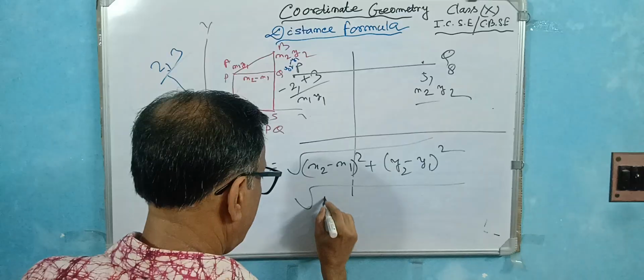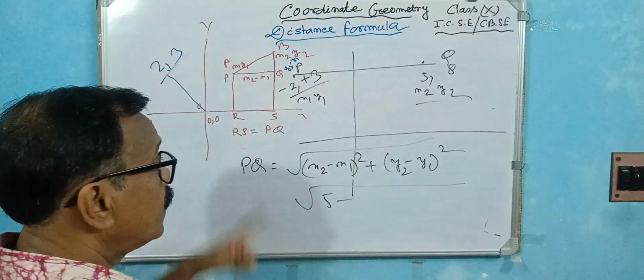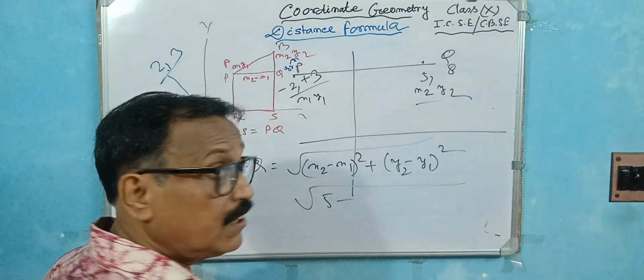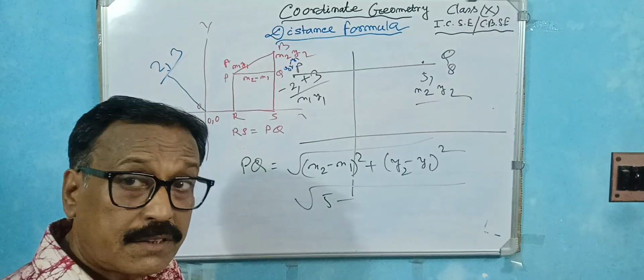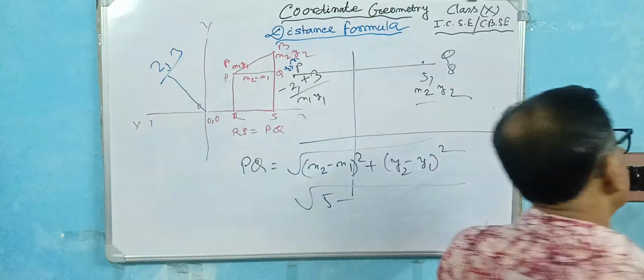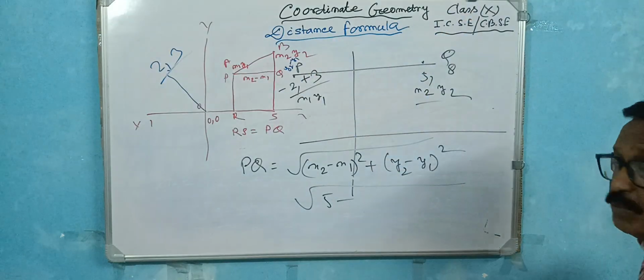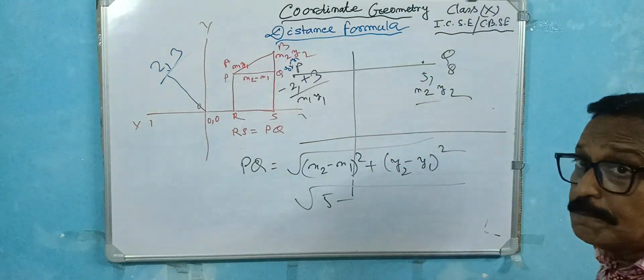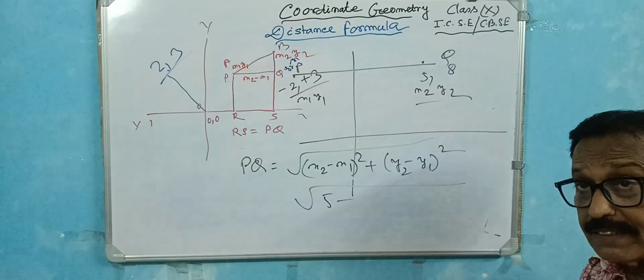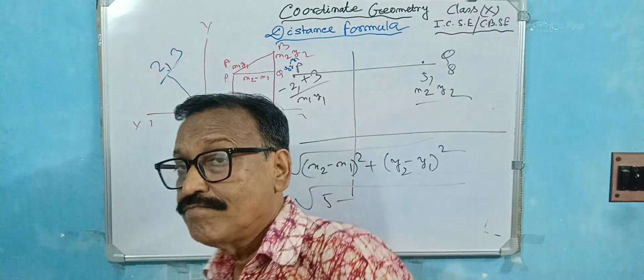What is x2? 5 minus, this is very important, you must take the sign. Here it is minus 2. This is the condition.